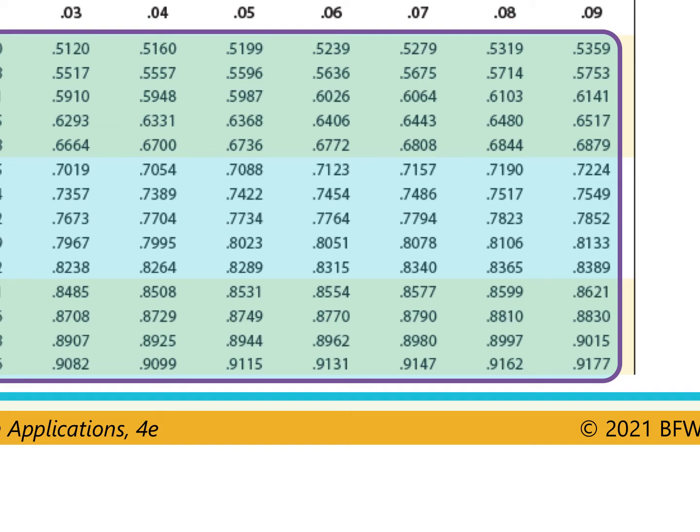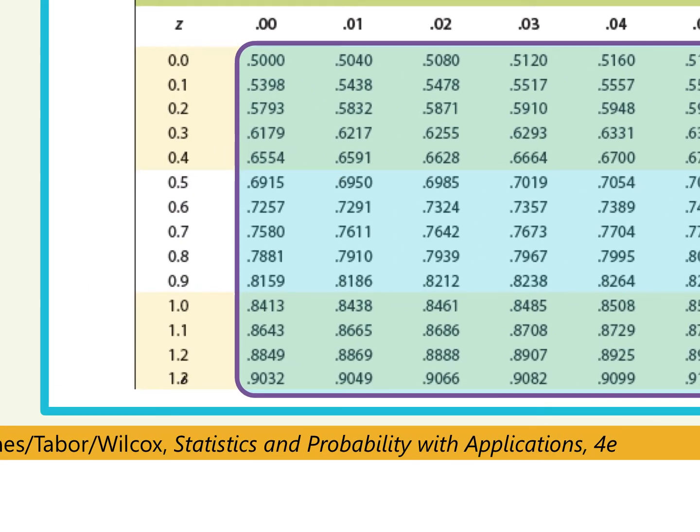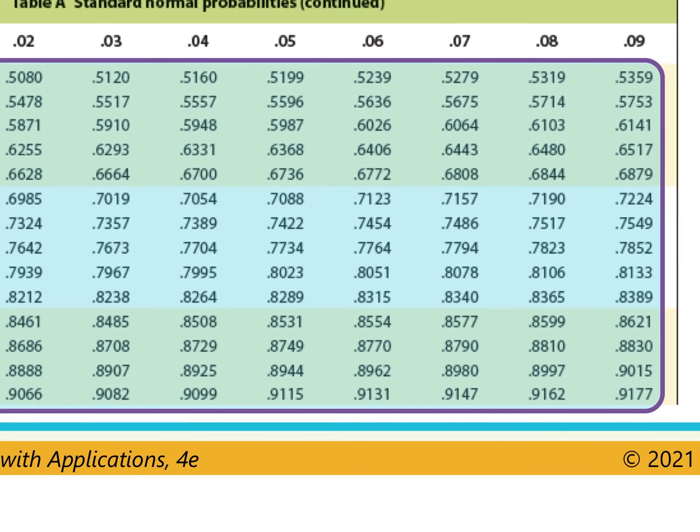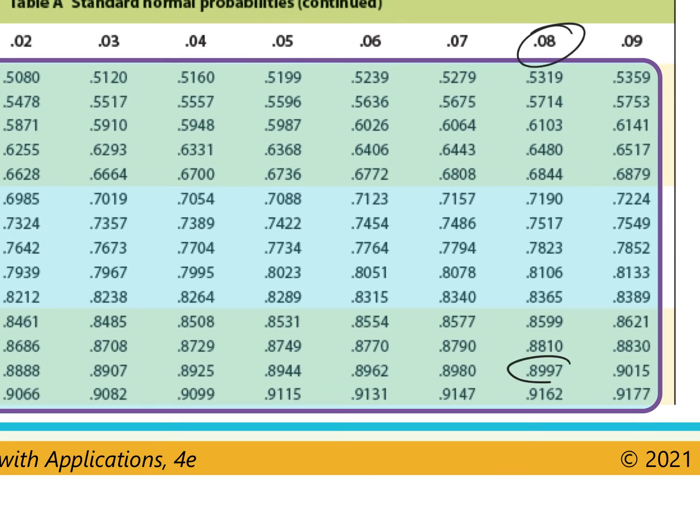And if I go over, I'm at 1.2 and then 8, 1.28. Okay. 1.28 is going to be the z-score because that's the closest to 90 that I can get.